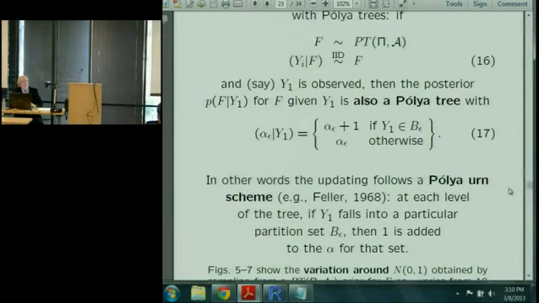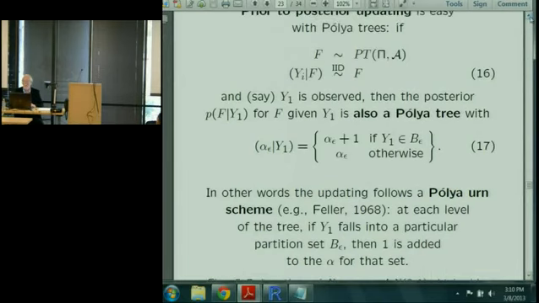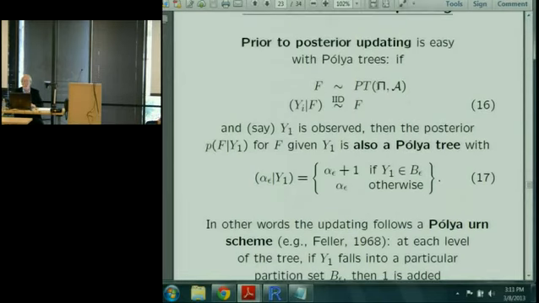If you start with a Polya tree as your prior on capital F, then your posterior has to be another Polya tree. And guess what? It's the same Polya tree as it was before in the following senses. It has the same exact pi set, doesn't it? Because the pi set hasn't changed at all. But what happens is that the a's get updated, and they get updated by where the yi's land, according to this Polya urn scheme.